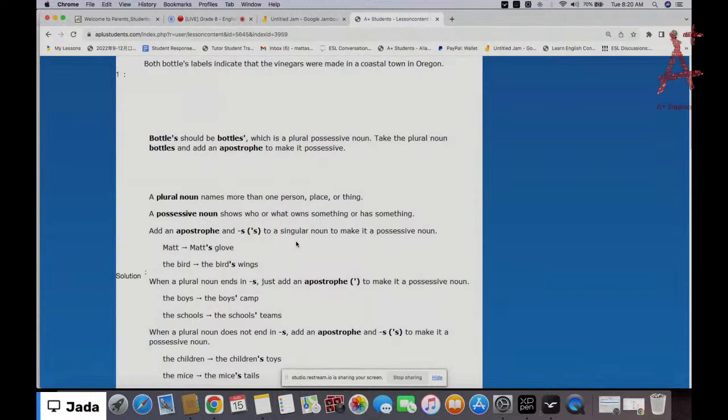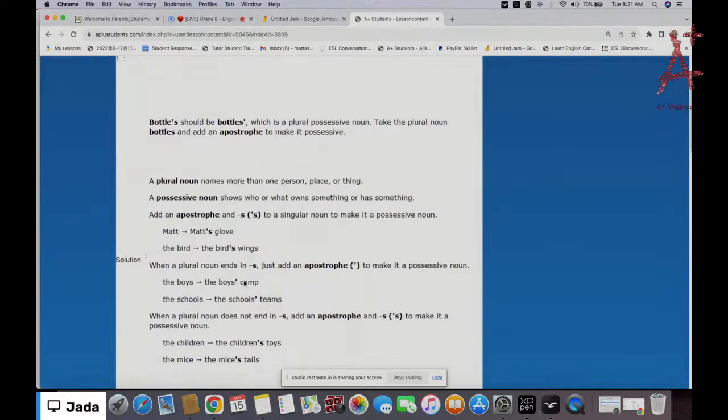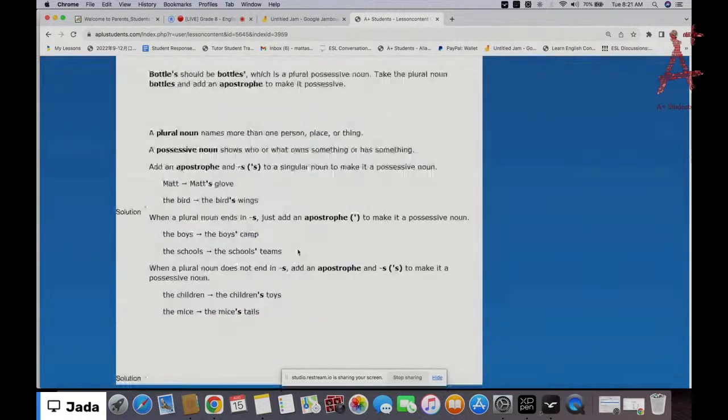So the boys' shows that it's plural already, and the apostrophe is added after the s. And then the schools' teams. You see that schools is plural already, so you just add the apostrophe after the s.